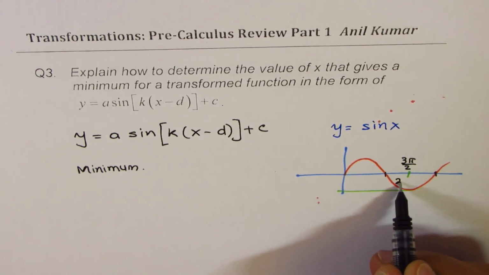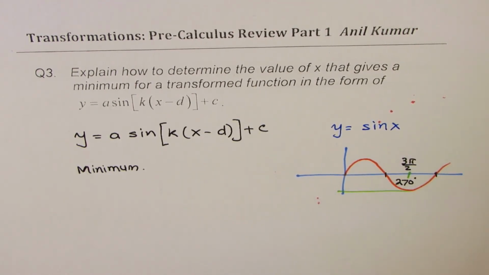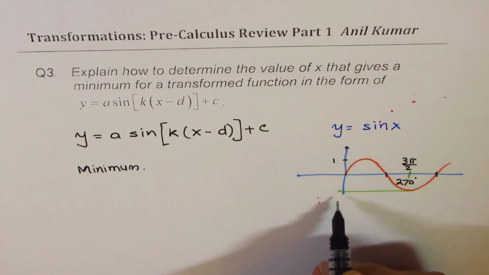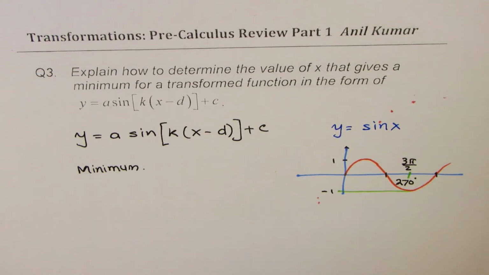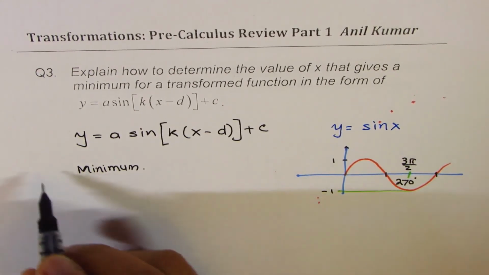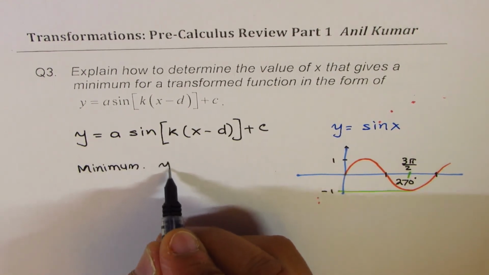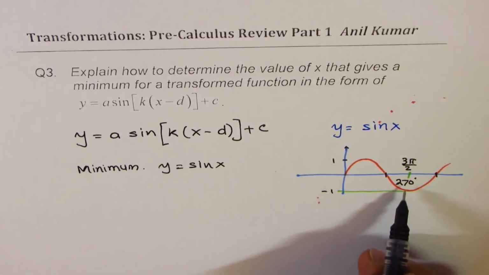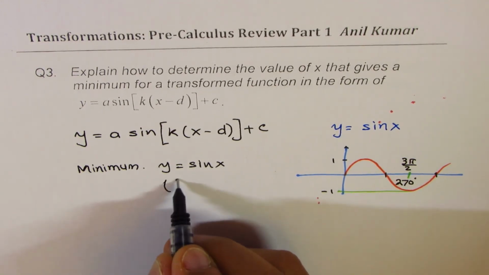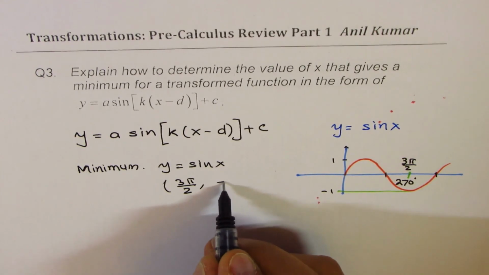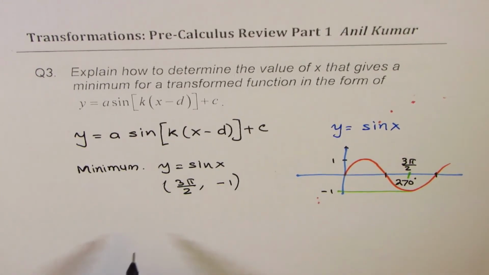Or in degrees, it could be written as 270 degrees, right? Either way. Of course, maximum and minimum are plus and minus 1. So the minimum in y equals sine x is what? The minimum is at 3 pi by 2, and the value is minus 1, correct?